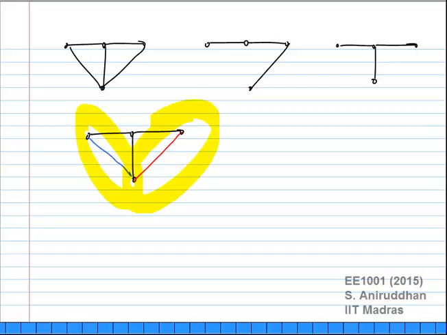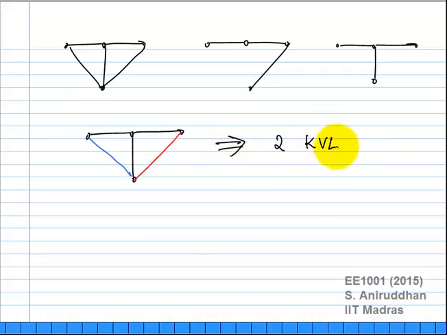The number of ways in which you can do this tells you the number of independent KVL equations. This can also be shown. This is beyond the scope of this particular class, but you can show this using graph theoretical methods.